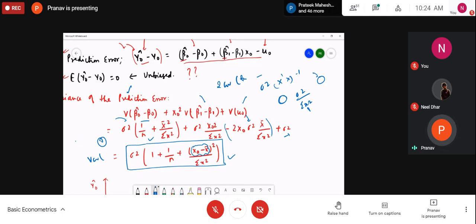The larger the variance of the prediction error, the wider will be the confidence interval. So understand that the variance of the prediction error depends on the difference between the actual observation around which you're trying to predict and the mean of the observations on which the model was estimated.